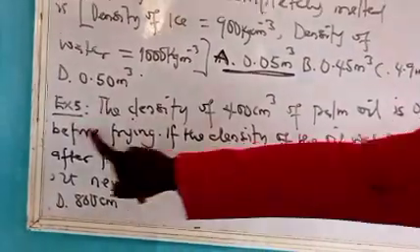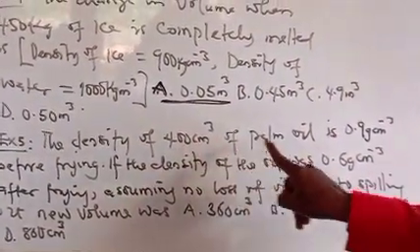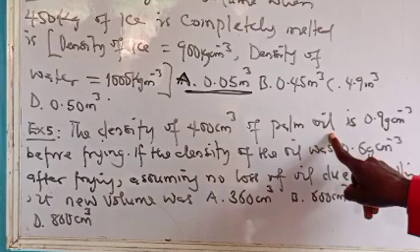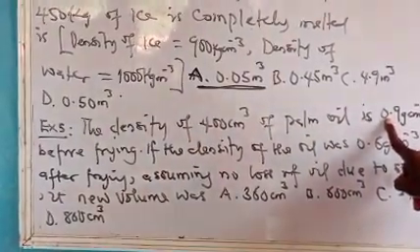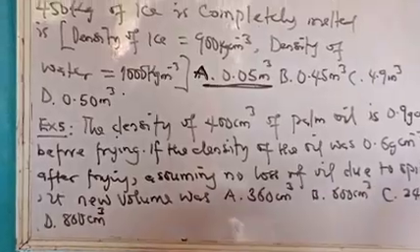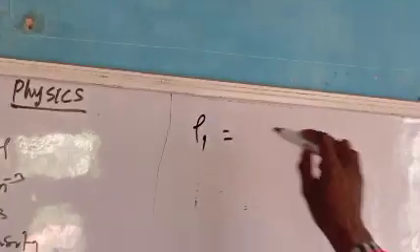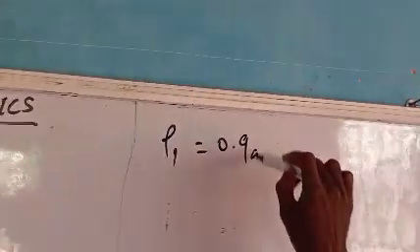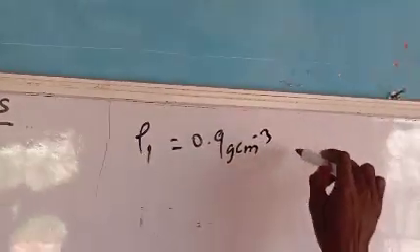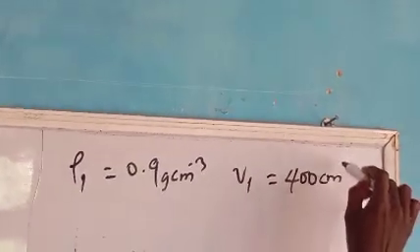Now, from here, example 5. The density of 400 cm cube of palm oil is this. That is the initial density. So, before frying, that's what they said. Initially, the initial density is 0.9 gram per cm cube. Initial volume is 400 cm cube.